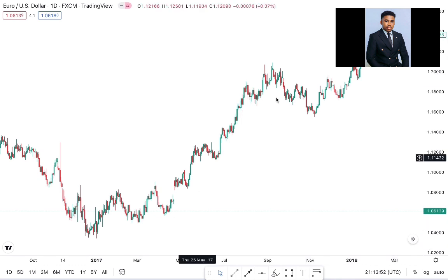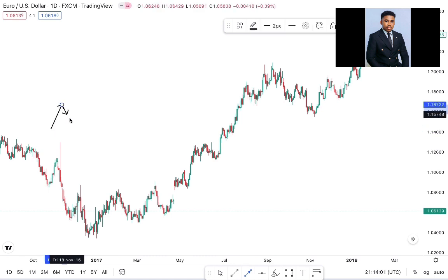So this is an example of an uptrend. I'll draw out the illustration I gave earlier of an uptrend. So it moves in this fashion.